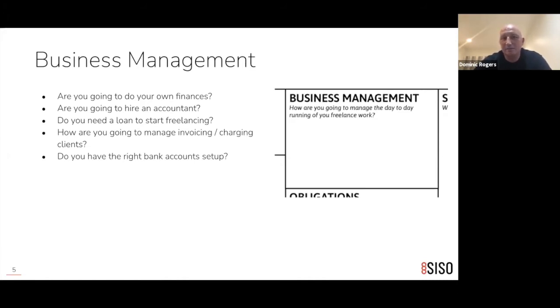Next is, do you have the right bank account set up? A lot of people make the mistake when first starting out, especially as a sole trader and not as a freelance operating company, of using their same personal bank account as their sole trader bank account. That's where you get into a lot of problems when you come to do end of year taxes or reconciliation.